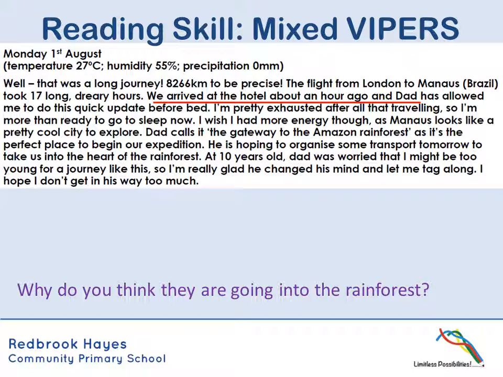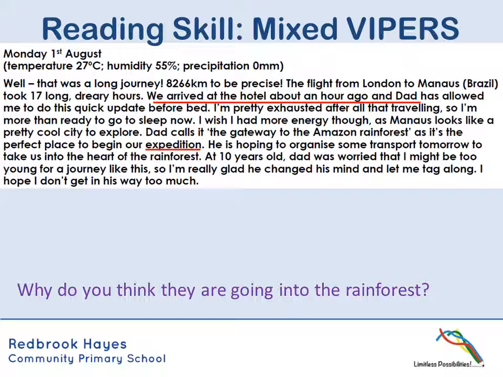So the person who's writing the diary entry is travelling with their dad, so it would imply that it's not necessarily a holiday, because it's just with dad and not, there are no brothers and sisters, mum isn't there, and other family members aren't there, so it's just with dad.